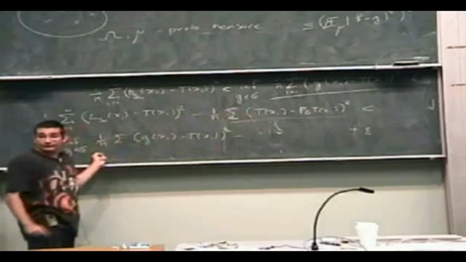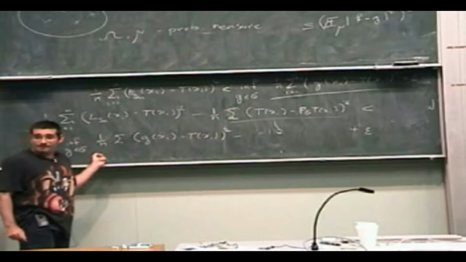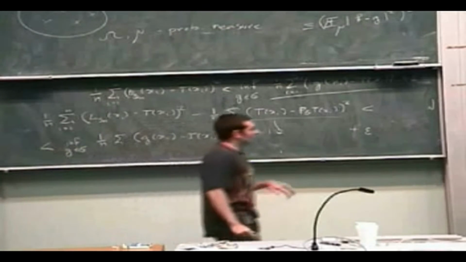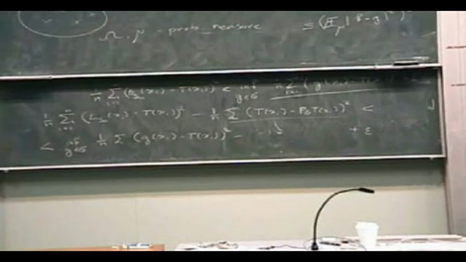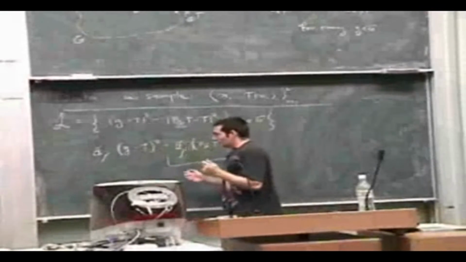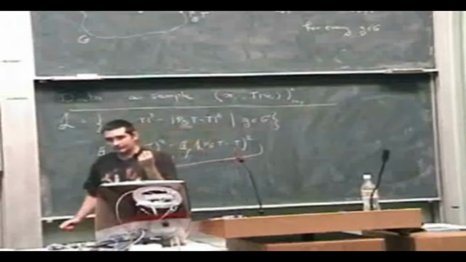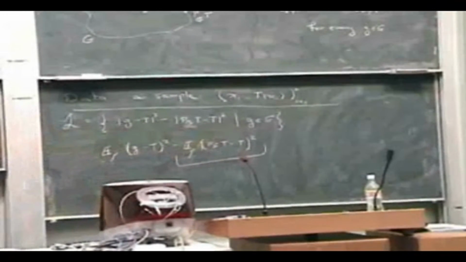So just another small piece of notation. I don't want to write L of Sn all the way through. So I'm just going to call a function which is an almost empirical minimizer G star. Okay?